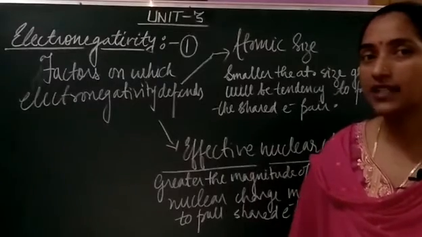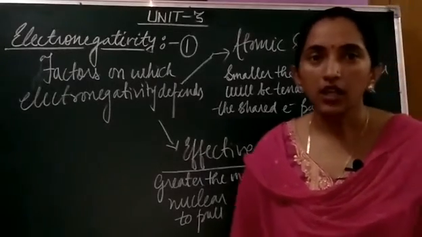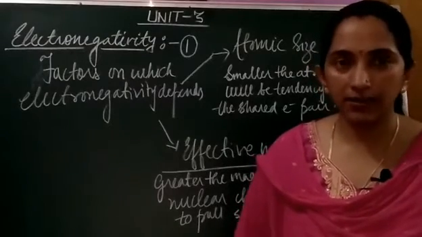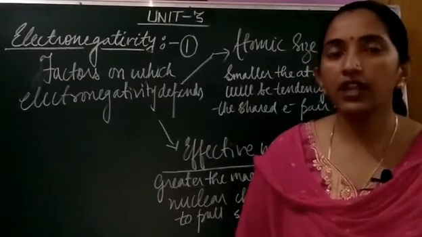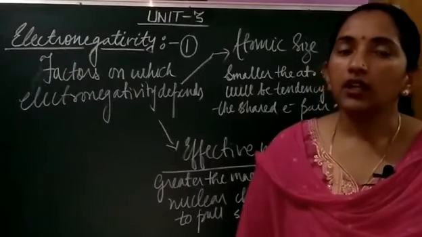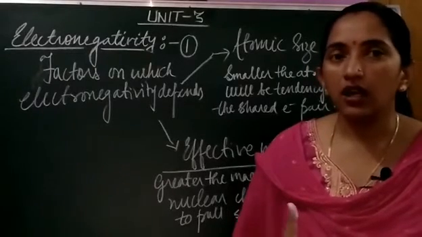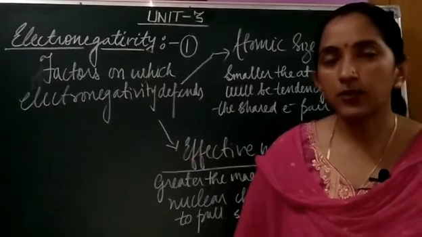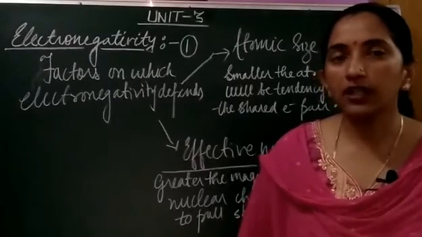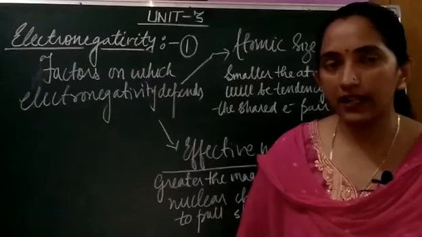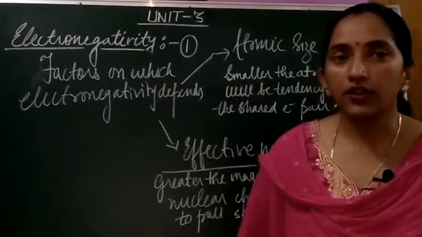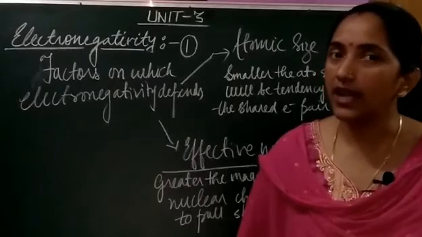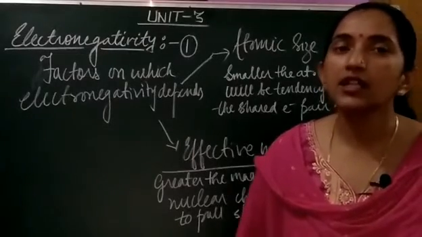Now, one more factor is the type of hybridization. When we go through unit 4, we will come to know what hybridization is. But in general, we are considering here sp3, sp2 and sp. Among them, an sp hybridized atom will have the strongest tendency to pull the shared electron pair toward it, and sp3 will have the least tendency.